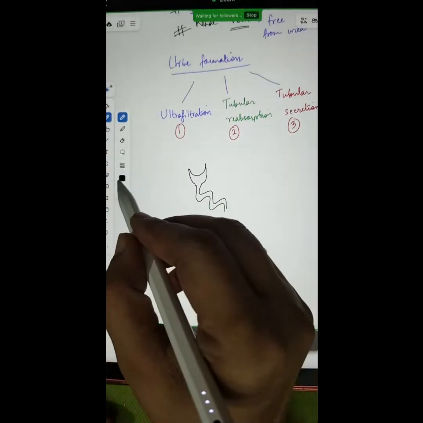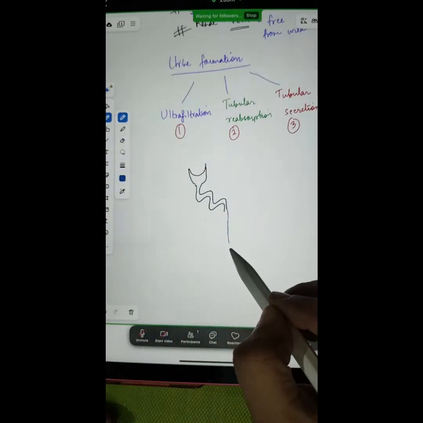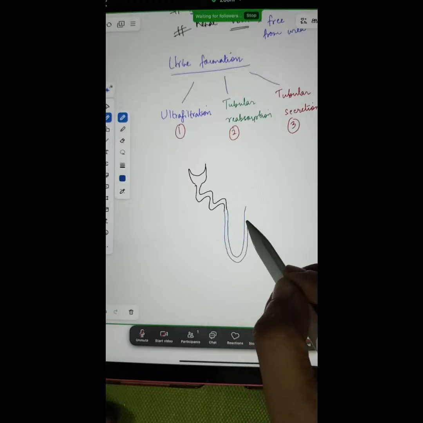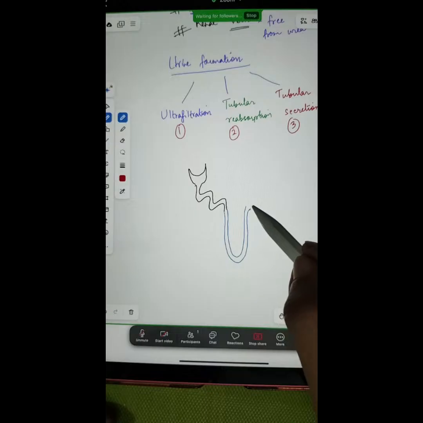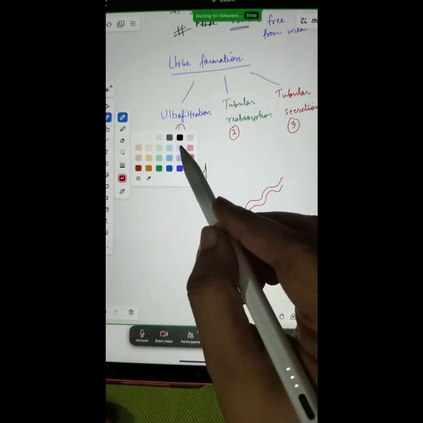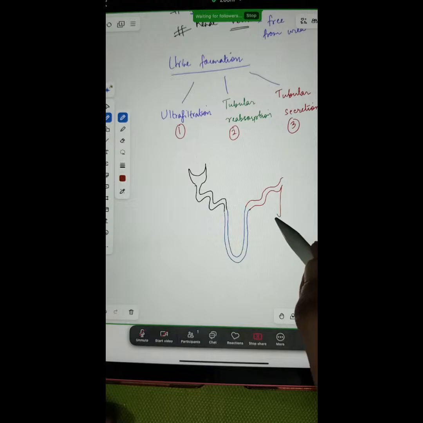I will be writing each name one after the other. Then comes a U-shaped structure, which is Henle's loop. And then comes the DCT, which is another tubular part. And then comes the last part, which is the collecting duct.